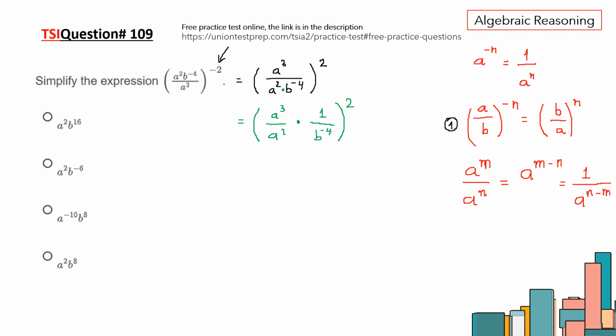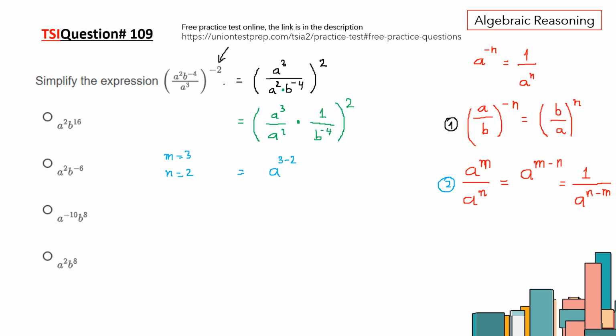Now I will apply this formula right here. For a, my m is 3 now, and my n is 2. So I will have a to the power of 3 minus 2. See that a to the power of m over a to the power of n equals a to the power of m minus n.